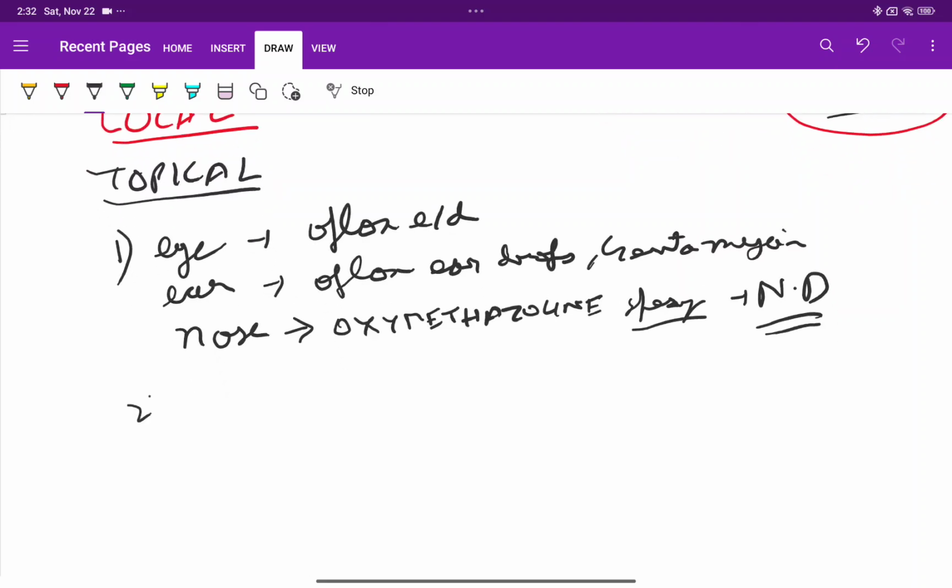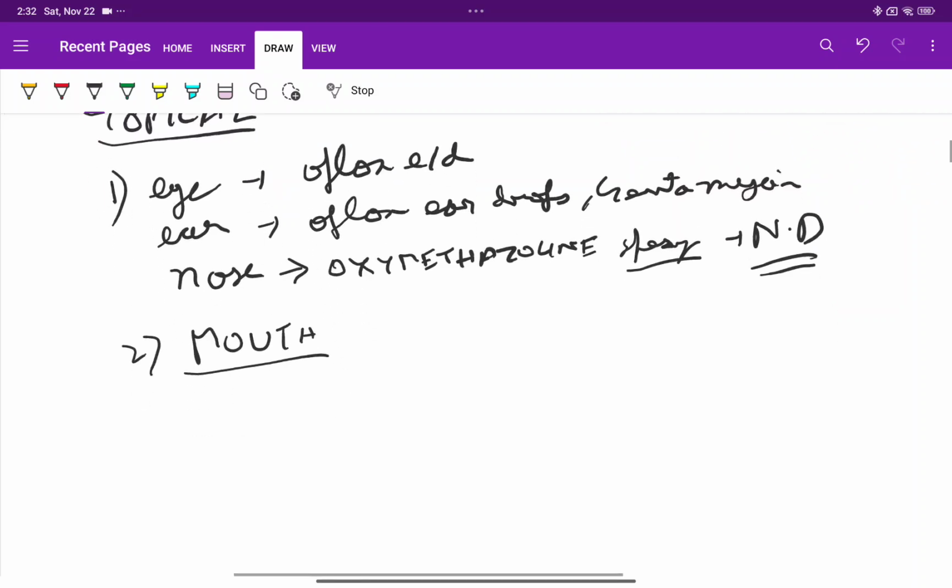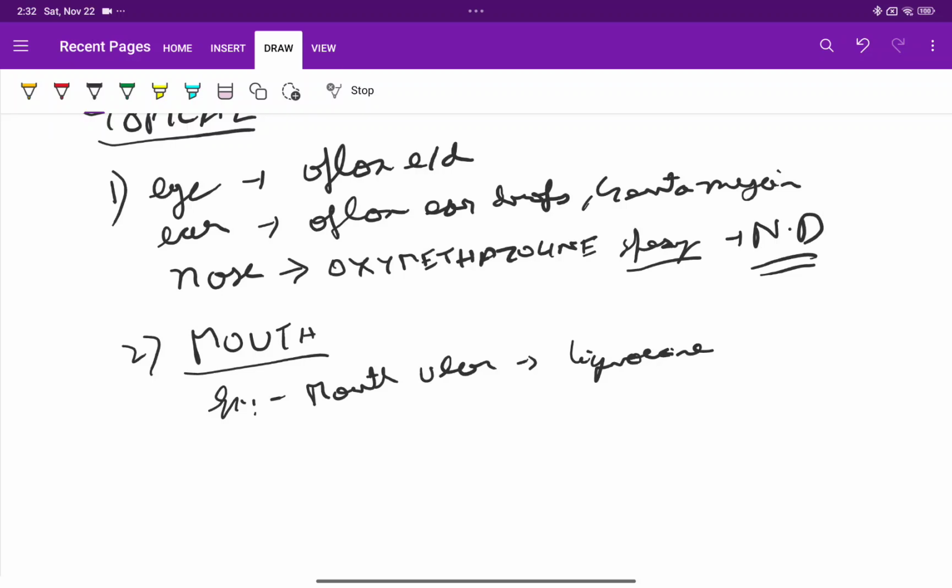Next is for the mouth. Example: when we get mouth ulcers, we usually take lignocaine ointment, a lignocaine-based ointment. It will have other components with antiseptic and the lignocaine for the mouth ulcers.